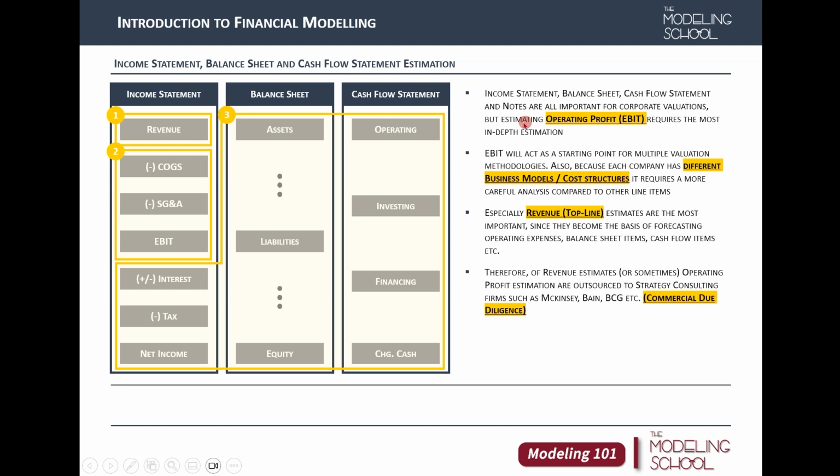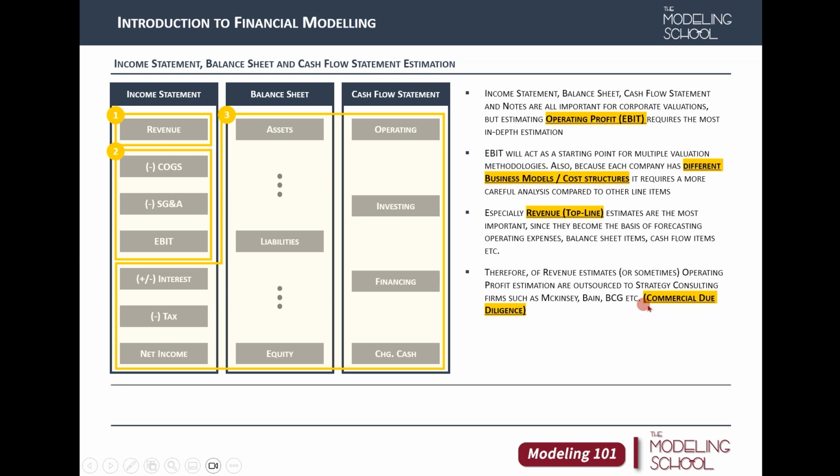So it is going to basically determine the corporate value. So in many M&A cases, or if you have a very important investment decision to make, revenue estimates or operating profit estimates are outsourced to strategy consulting firms such as McKinsey, Bain, or BCG.